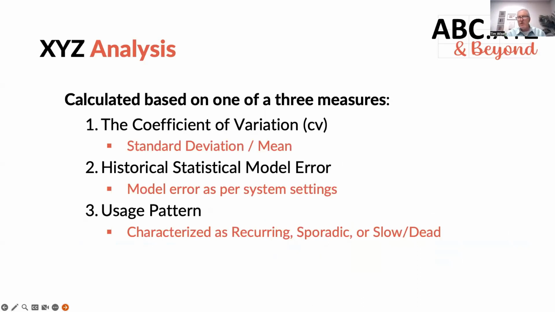The calculation of this forecastability is pretty standard statistical, either using coefficient of variation, statistical model error, and then usage patterns, right? Are they more recurring? Are they more sporadic or slow? But these are pretty standard, especially if you have some type of technology that's helping you do either your forecasting or your replenishment planning.